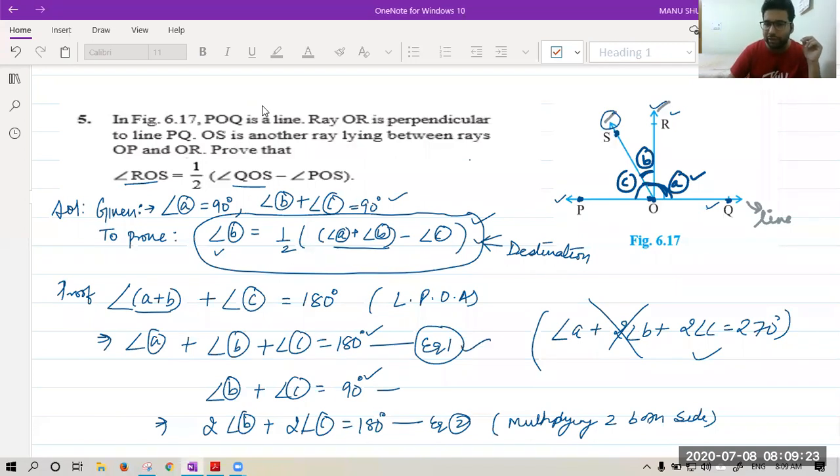Now if you compare equation 1 and equation 2, the right hand side, that is 180 degrees, is the same. We can say if the right hand side is equal, so we can take the left also equal.